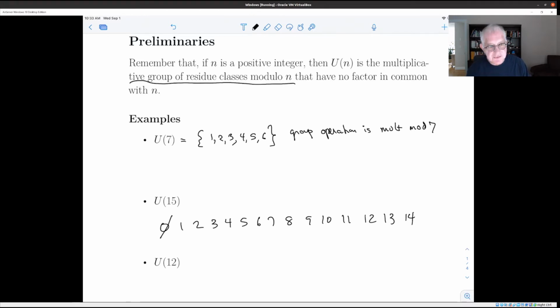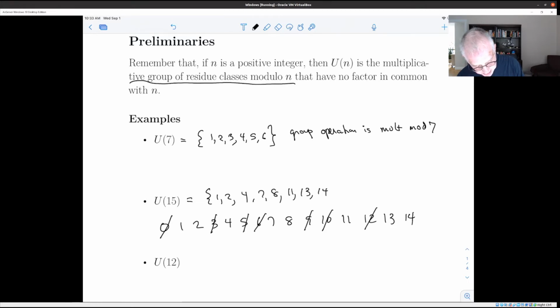Anything divisible by 3 or 5, we want to cross off. So 3, 5, 6 is divisible by 3, 9 is divisible by 3, 10 is divisible by 5, 12 is divisible by 3, and I think that's all of them. So U of 15 consists of 1, 2, 4, 7, 8, 11, 13, and 14, and so it has 1, 2, 3, 4, 5, 6, 7, 8 elements. And U of 7 has 6 elements.